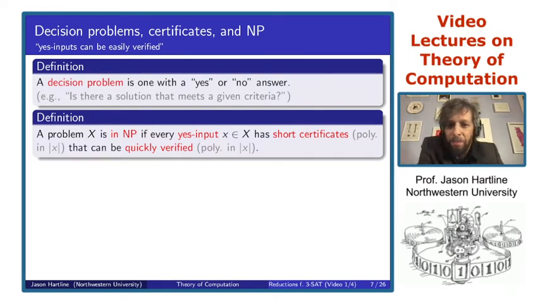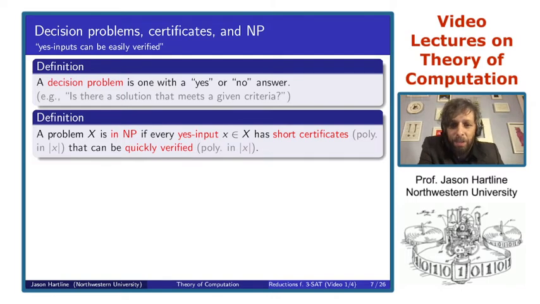The family of NP problems are problems X where every yes input has a short certificate that can be easily verified to be a yes input.